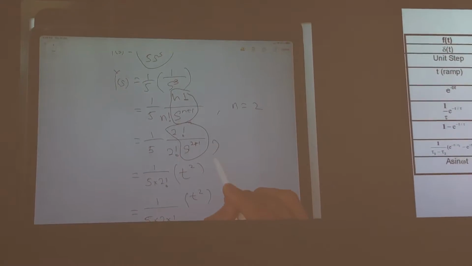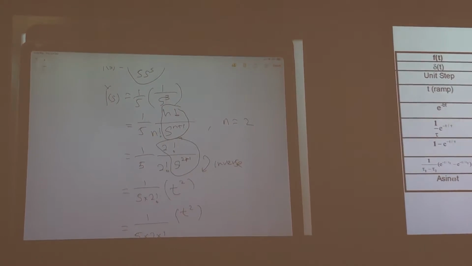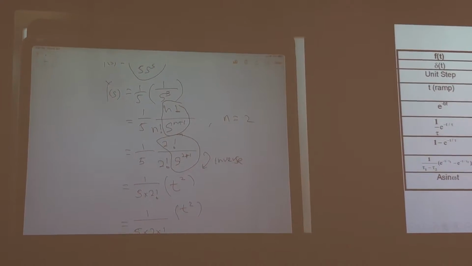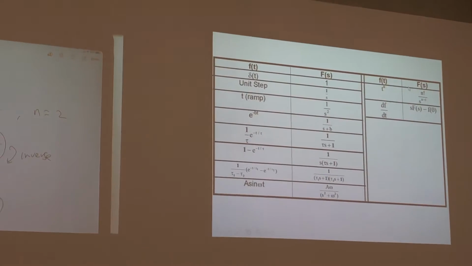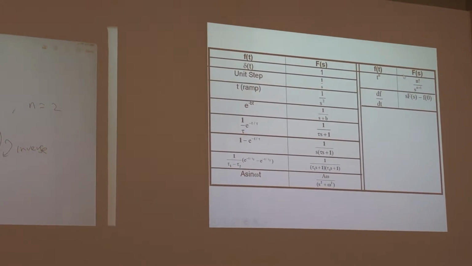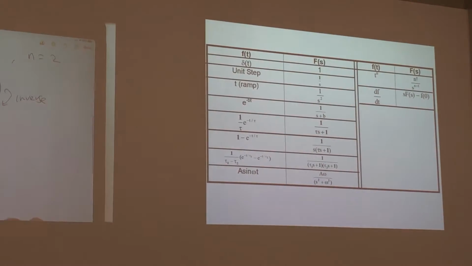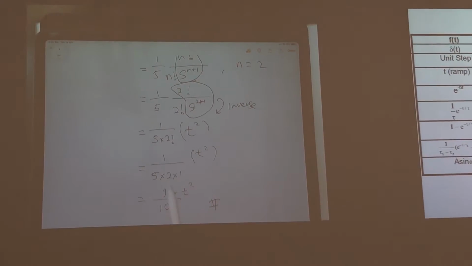Now I can start inverse. When I inverse it, I refer back to this side of the table, because I want to change it to t. I know n is 2, so it becomes t power of 2. So we have t power of 2. Just now I divided by 2 factorial here. This one, I need to expand and multiply. 2 factorial is 2 times 1.